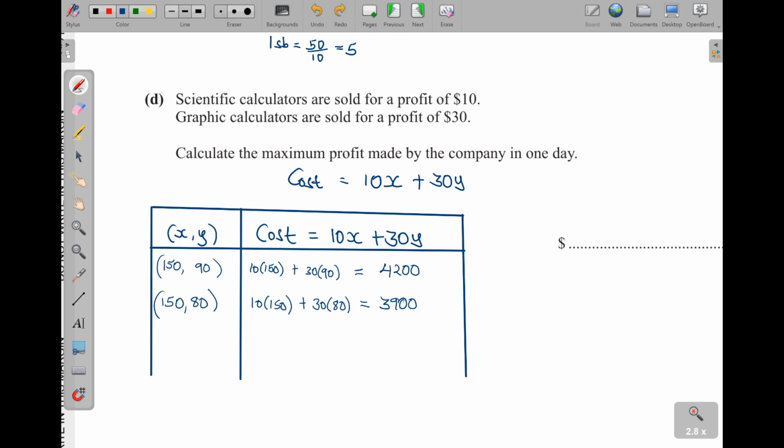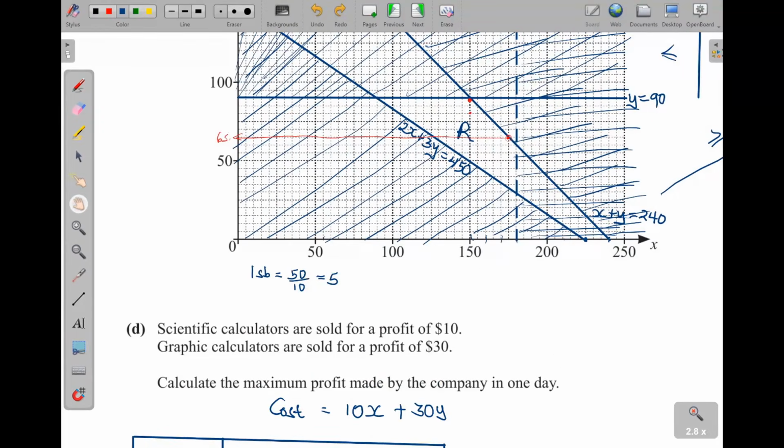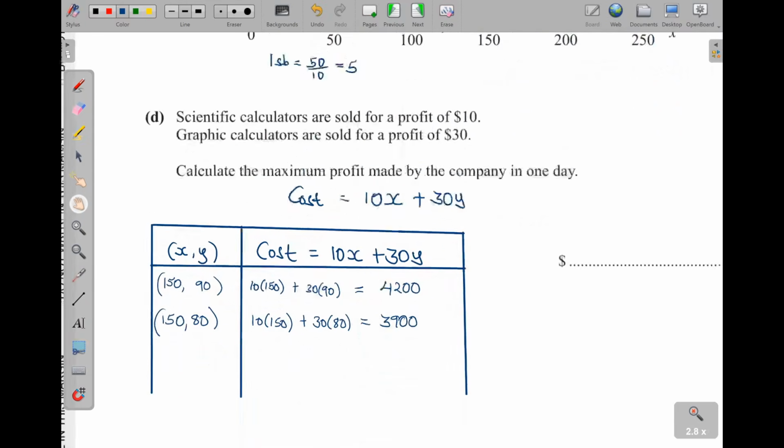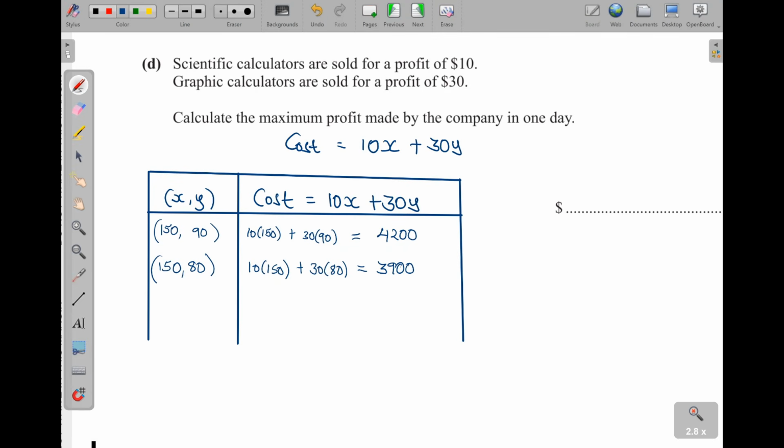Then next, we can go to this other one here. This one here, 175 and the 65. So 175 and 65. So this is 10 times 175, then plus 30 times 65.